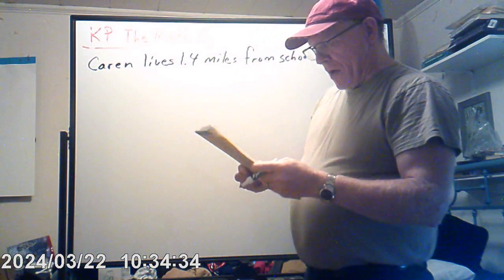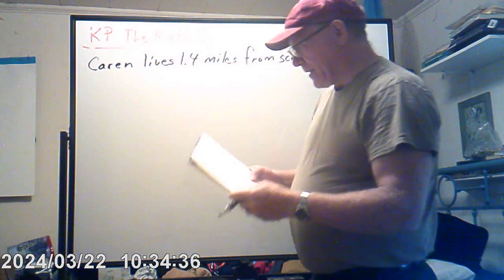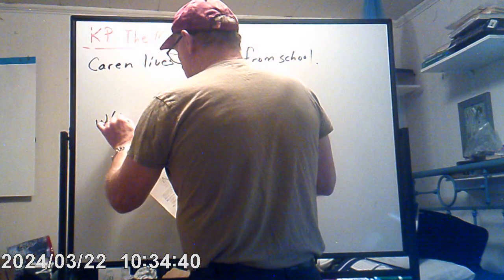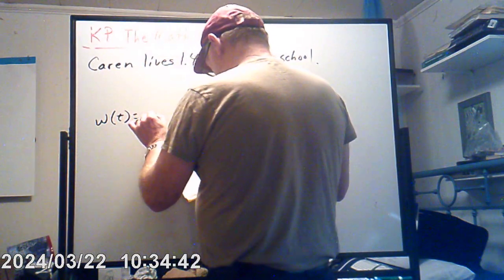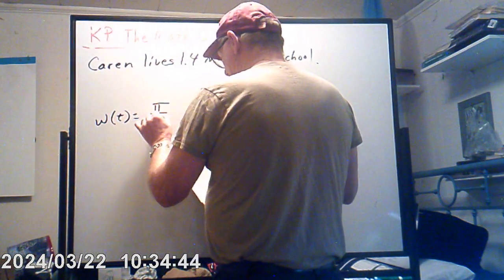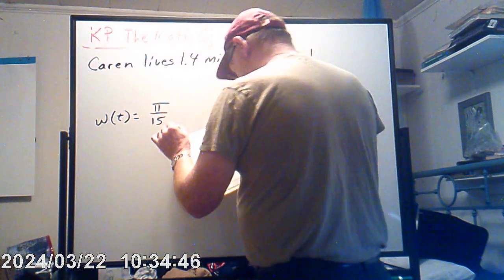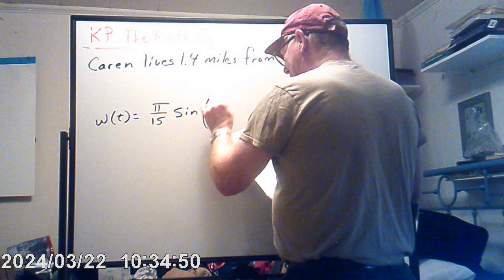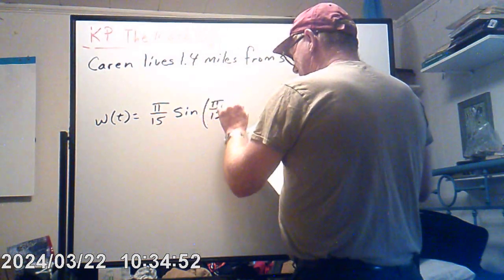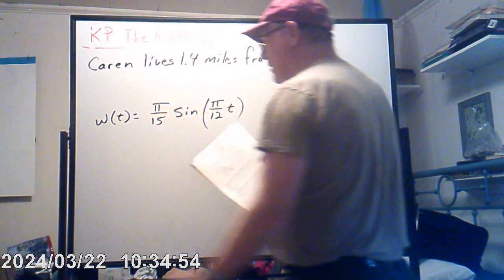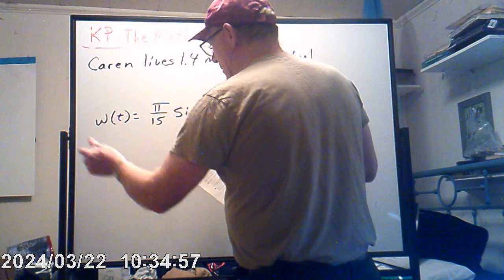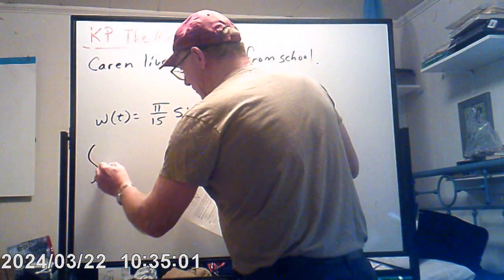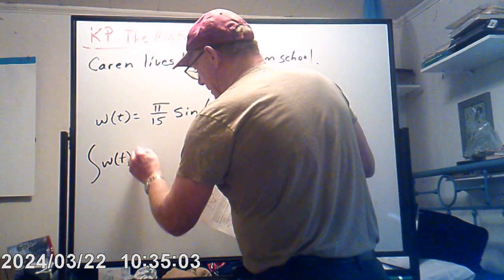Larry's motion is modeled by his velocity equation w(t) is equal to pi over 15 sine of pi over 12 t. That's the velocity. So remember, if we want to find distance, we are going to have to integrate, aren't we?